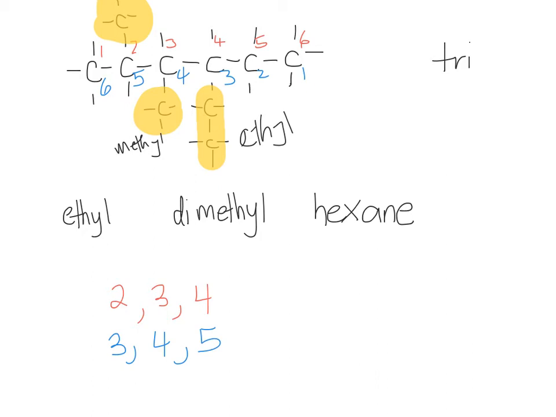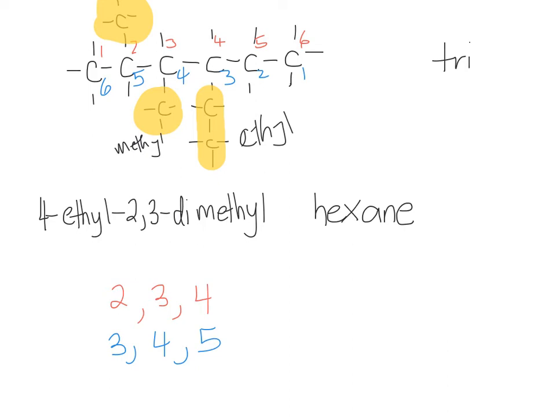So the ethyl group is on carbon number 4, so it is 4-ethyl. And it is 2 and 3 dimethyl. So the 2 and 3 separated by a comma. They both have to be there because they're both on two different carbons.